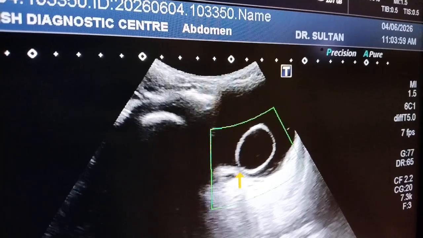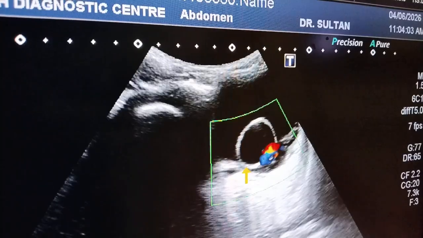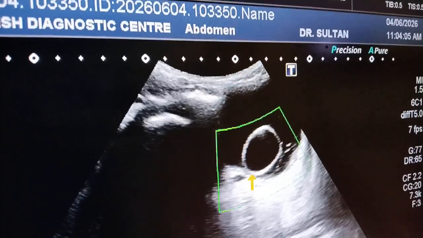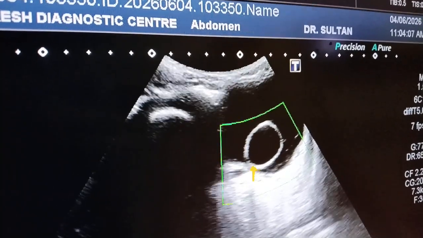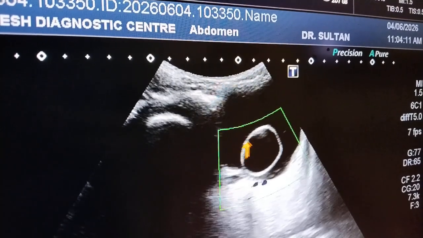So we can appreciate that this distal area of the ureter, when it enters at the VUJ, it becomes dilated.